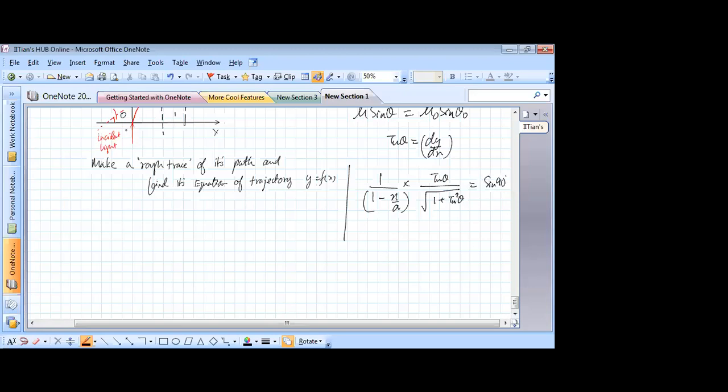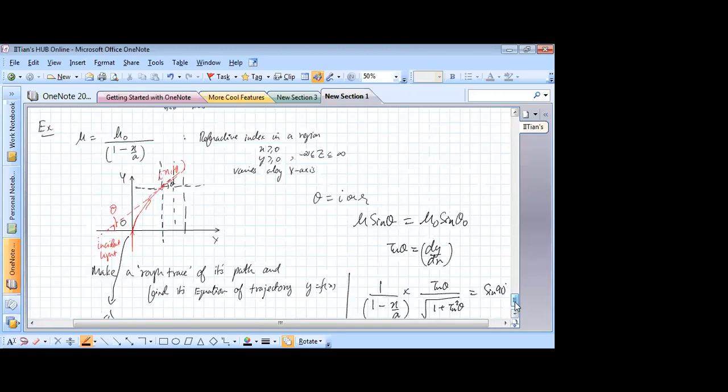Because over here you can see the angle of incidence is 90 degrees. So this becomes our equation.